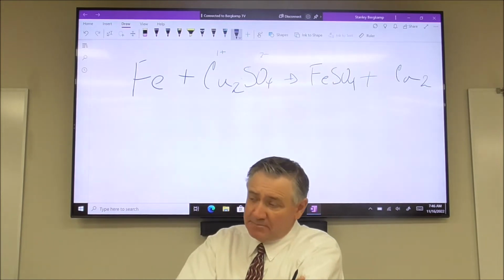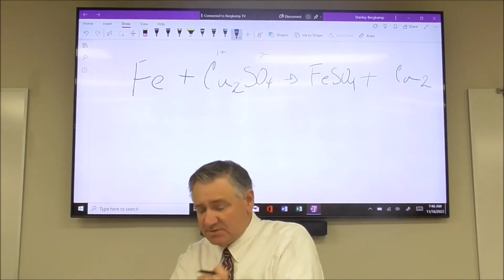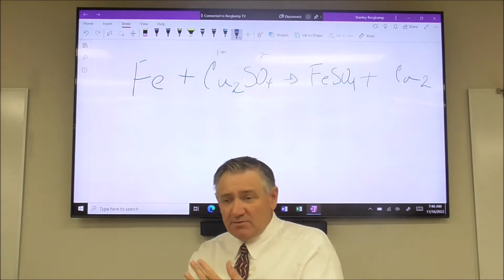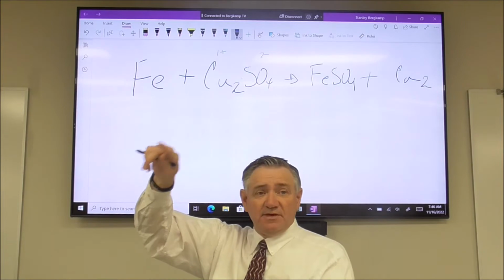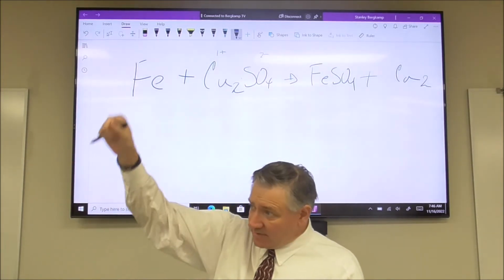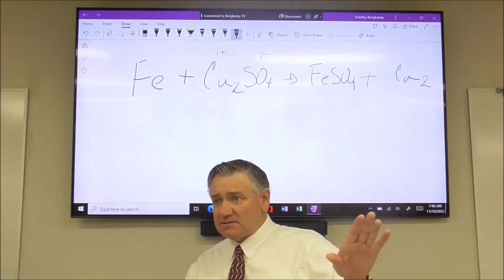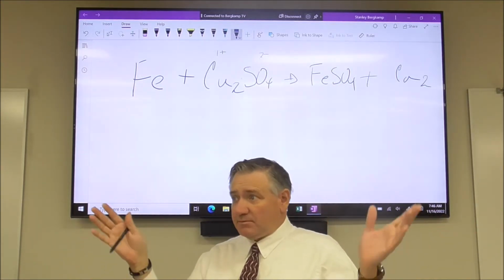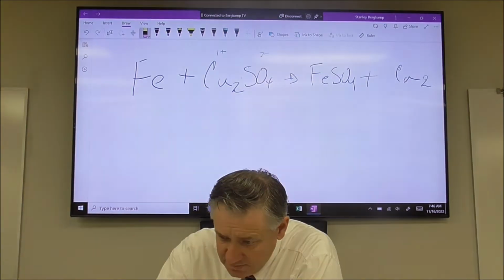You balance it by changing the coefficients, but you never balance it with subscripts. So first off, you only have certain elements that are diatomic: hydrogen, and then nitrogen, oxygen, fluorine, and then the halogens, okay? So copper isn't even one of the diatomics, okay? Copper is just copper, that's it. So you don't need that 2 out there.